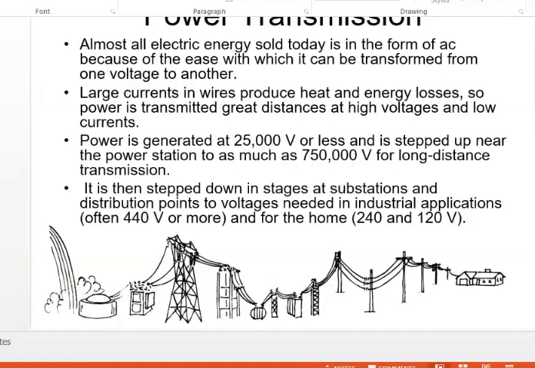This 7,50,000 volts comes to the substation, that is called the power grid, and this substation again converts it into lower voltage by the application of a step down transformer, and then from here this power is supplied to this place, and here this power comes in the form of 11,000 volts, and then here again a step down transformer converts this 11,000 volts into domestic voltage supply, that is 220 volts or even 120 volts, and then it supplies.